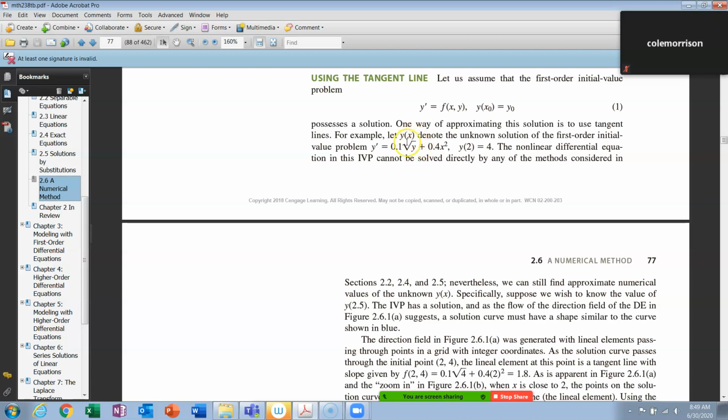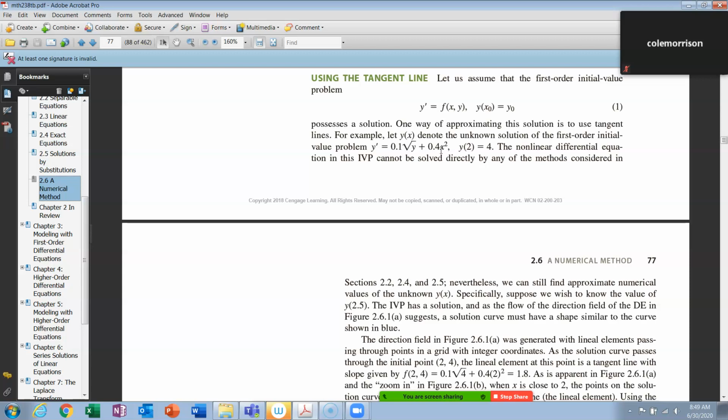The square root of y, no way linear. Let me go through them all. Exact, I don't think that's going to work either. Even if you come up with an adjustment to it, still not going to work. Let's see, what were some of the others? Homogeneous? Nope, no way. This is power 1/2, this is power 2, not going to work.